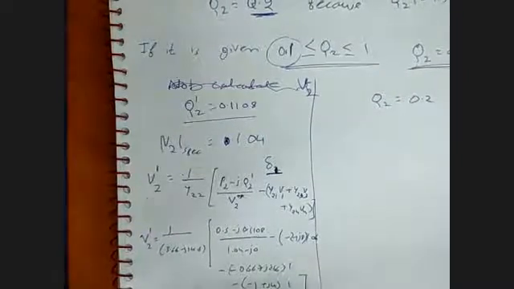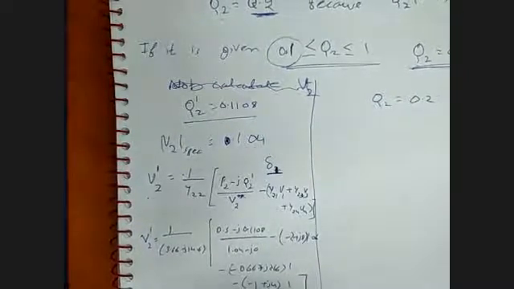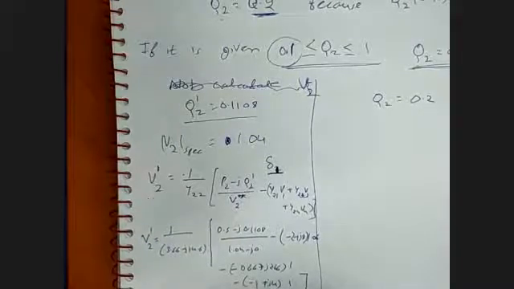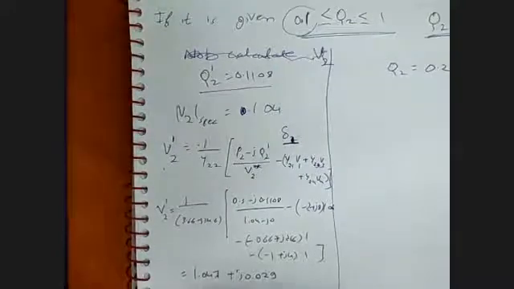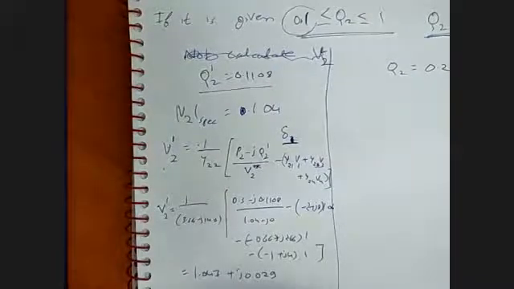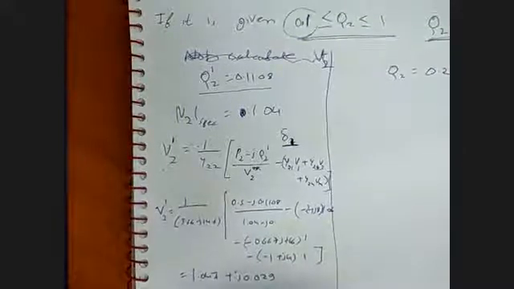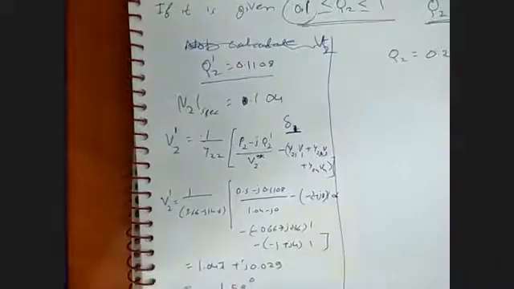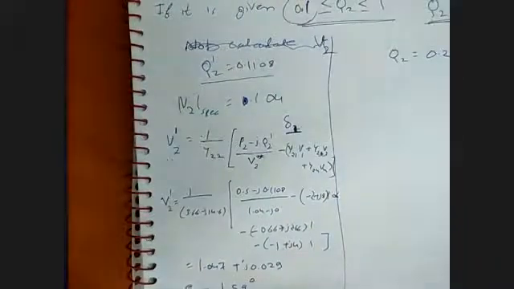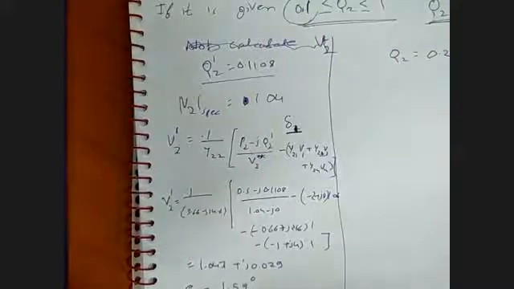So it will be coming out to be 1.047 plus j0.029. So when we convert it, we will get delta 2 as 1.59 degree. So your V21 will be set to 1.04 angle 1.59 degree.